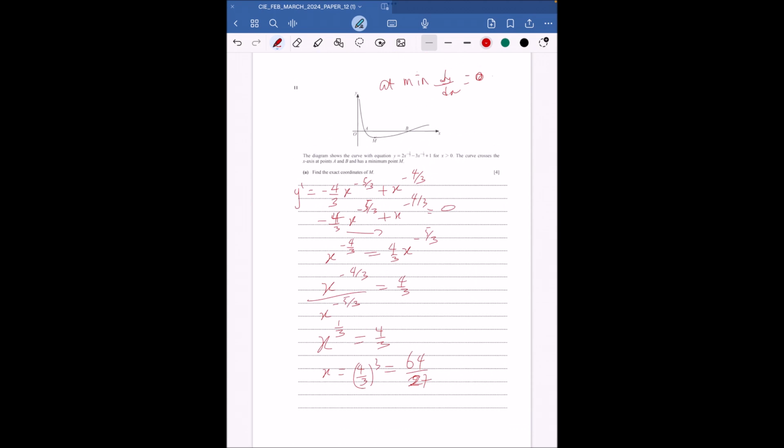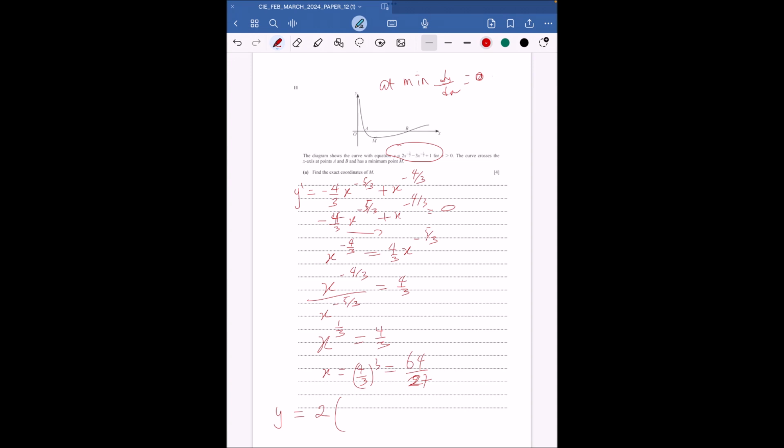So the next thing we'll do, we substitute. You can use your calculator here. You should know how to use the calculator to substitute. Just type this in the calculator the way it is.